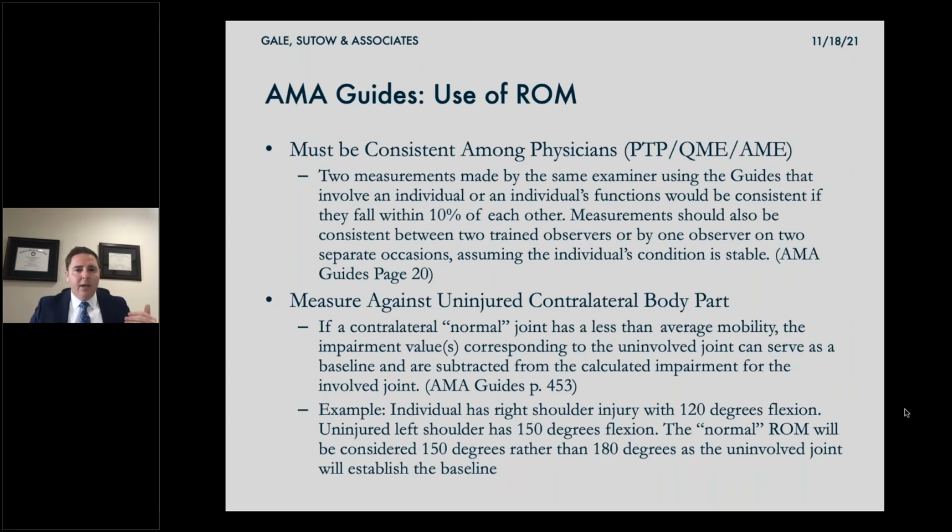Another really great one is measuring against the uninjured contralateral body part. The AMA guide says that if you have an injured body part, you need to take the measurement of the uninjured body part. This is relevant because there might be general issues with people and their range of motion. Somebody moving their shoulder might consistently have restricted range of motion in their shoulders.